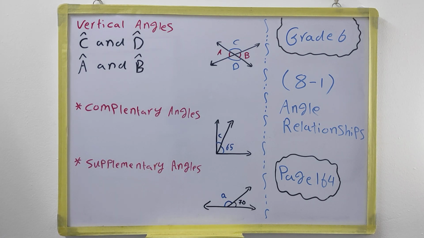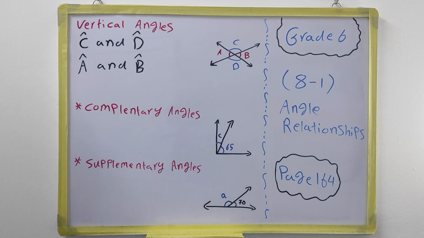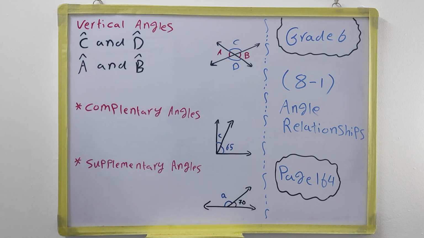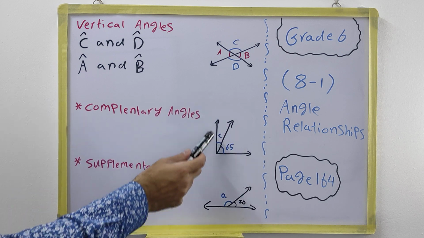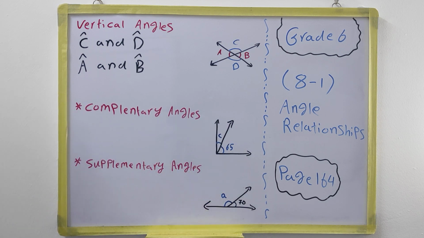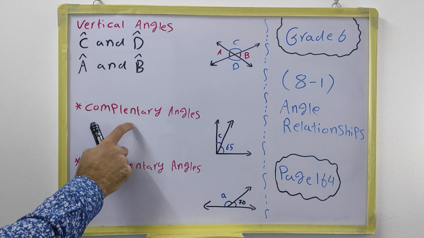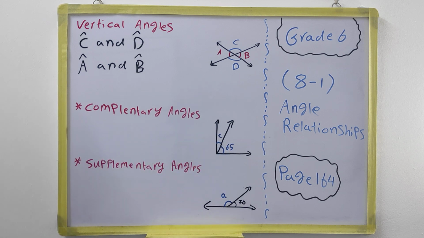Then we come to the complementary angles. Here we have two angles, angle C and angle 65. This one is given, and this one we don't know. For complementary angles, the sum of these two must always be equal to 90 degrees. Whenever you hear about complementary angles, it means two angles that add up to 90 degrees.